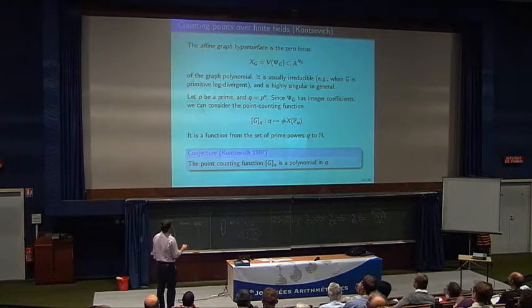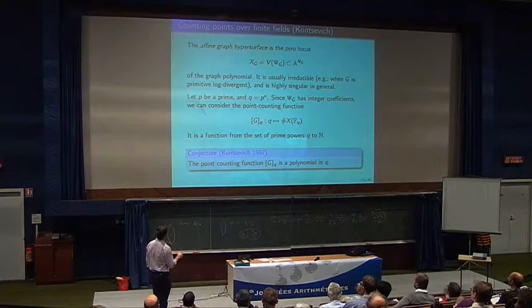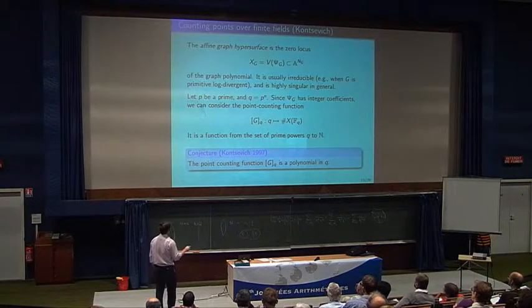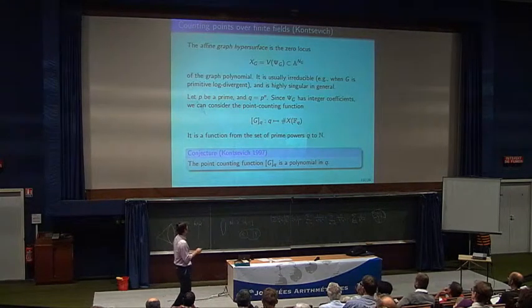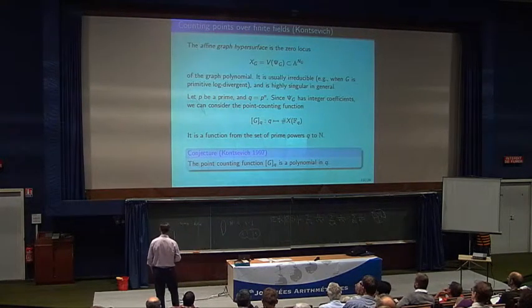But the key point is that the graph polynomial had integer coefficients. So what we can do is take p a prime number and q a prime power, and we can look at the point counting function, which to every prime power counts the number of points over finite fields of this hypersurface.